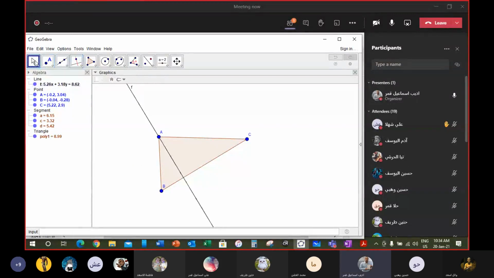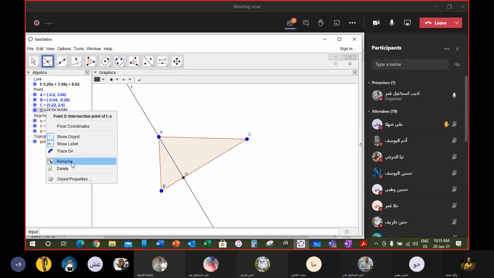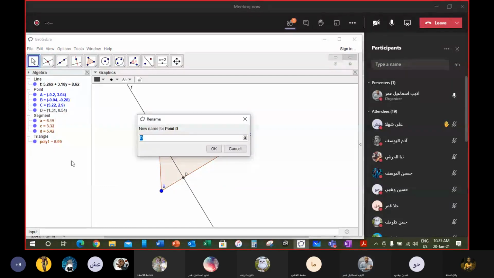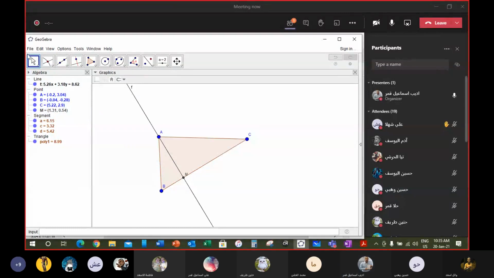Then we mark the point of intersection of this perpendicular and BC, which is point M. Okay, so this is the altitude.